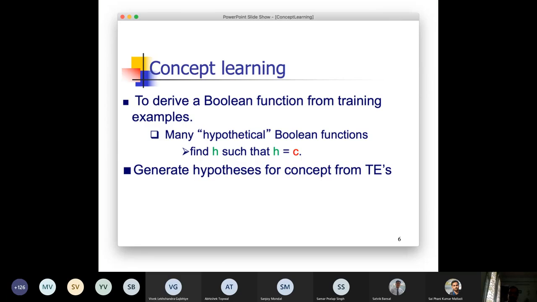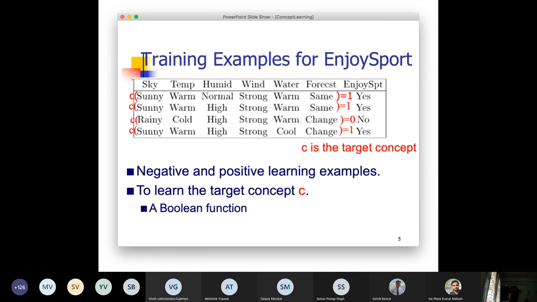If I consider this particular example, how many variables, how many attributes, are there? If we go back, there are 6. 1, 2, 3, 4, 5, 6.